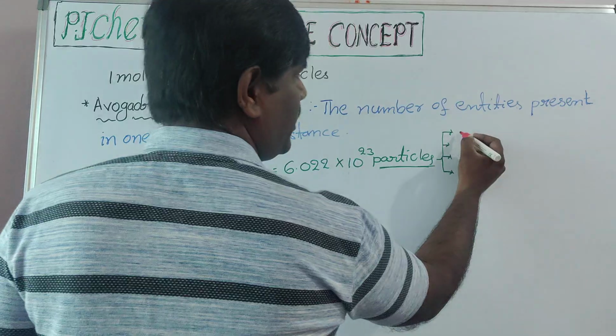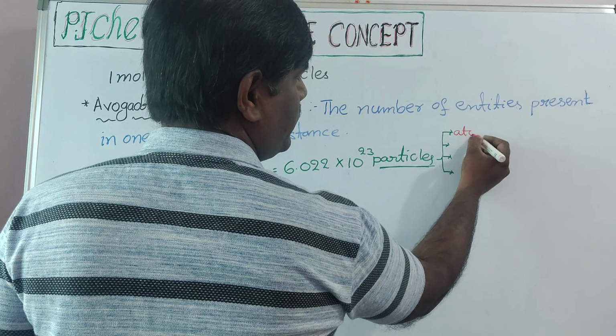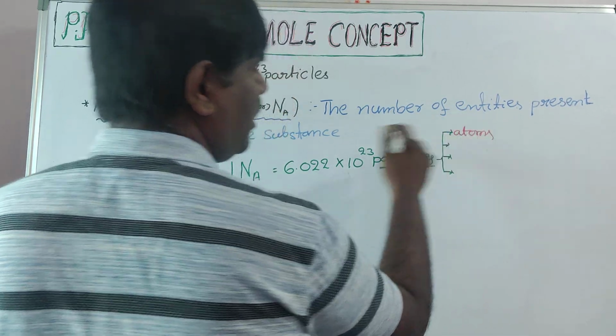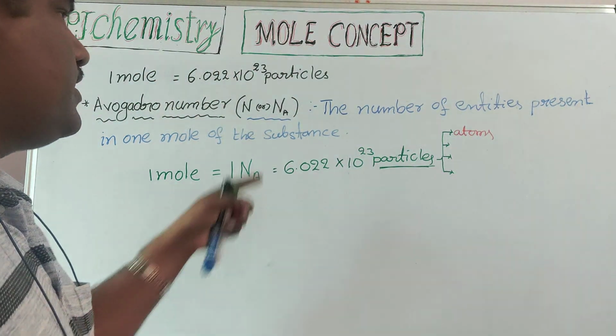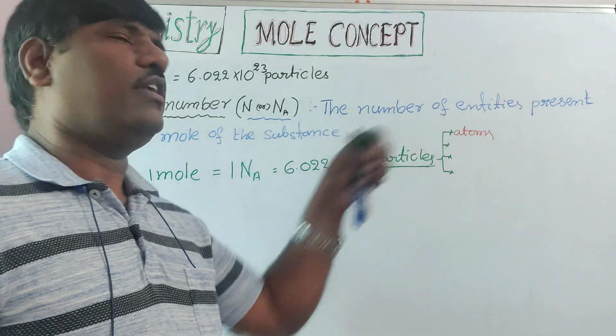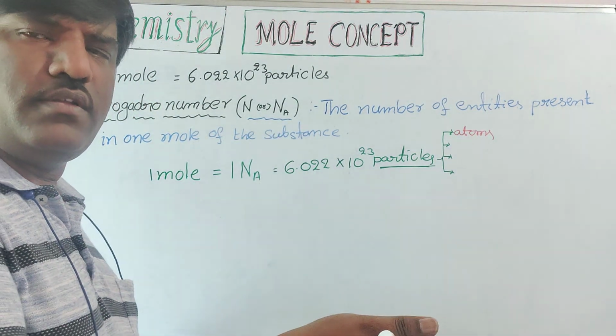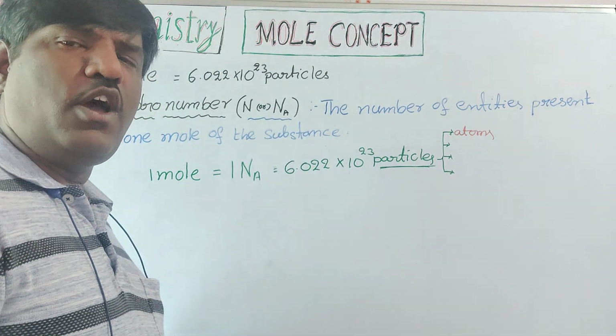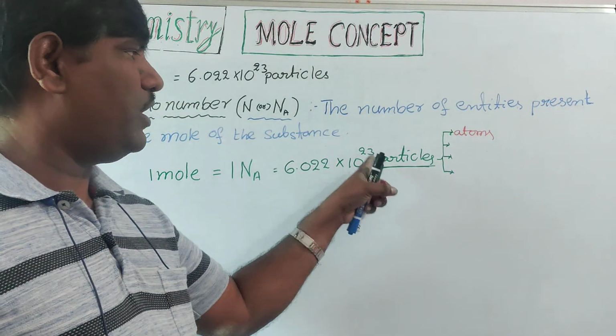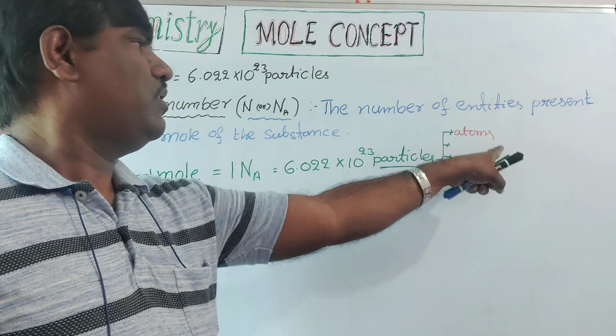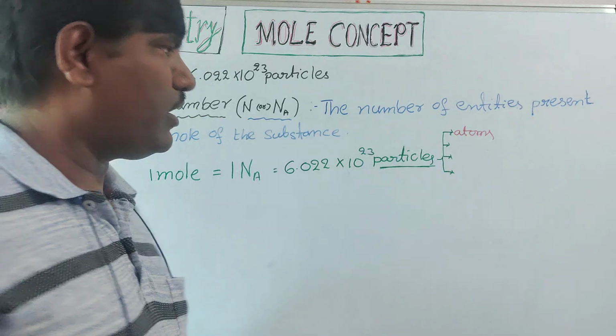If they ask about atoms, we mention atoms in the place of particles. For example, 1 mole of iron contains how many atoms? 6.023 atoms.